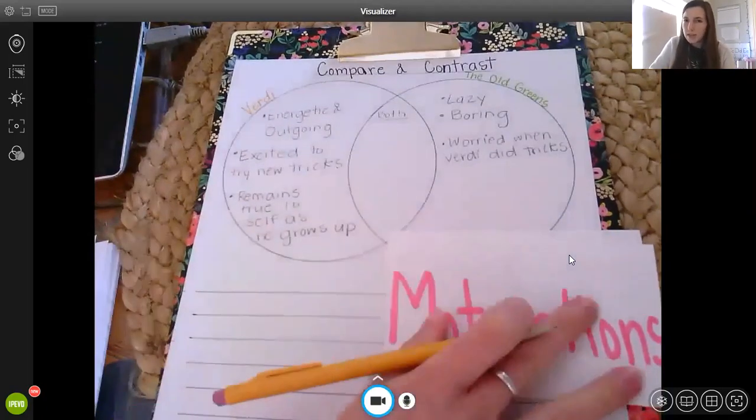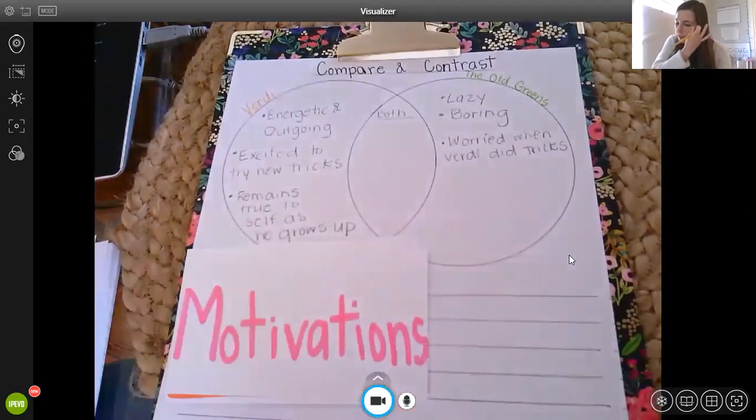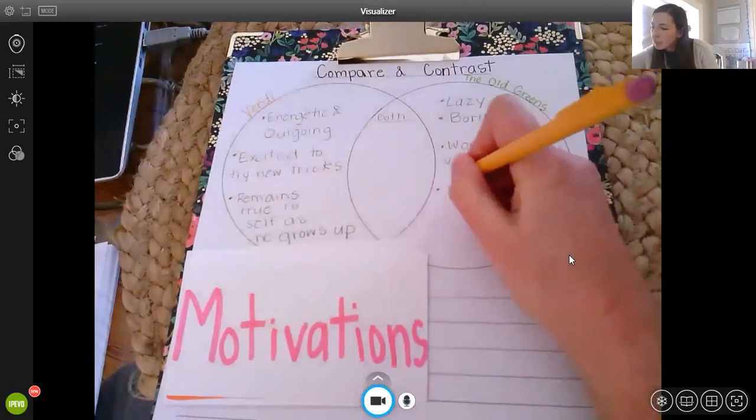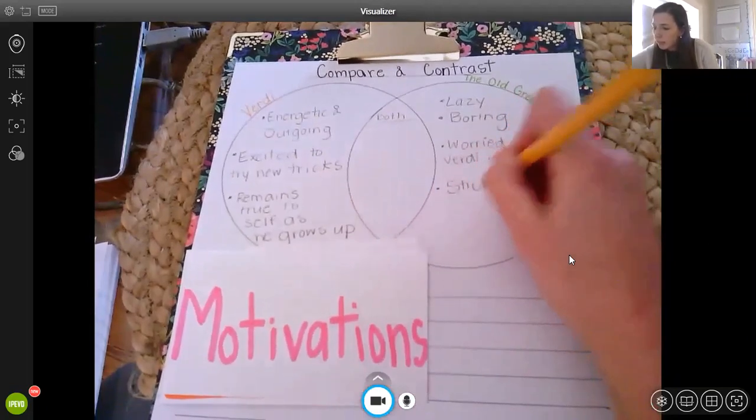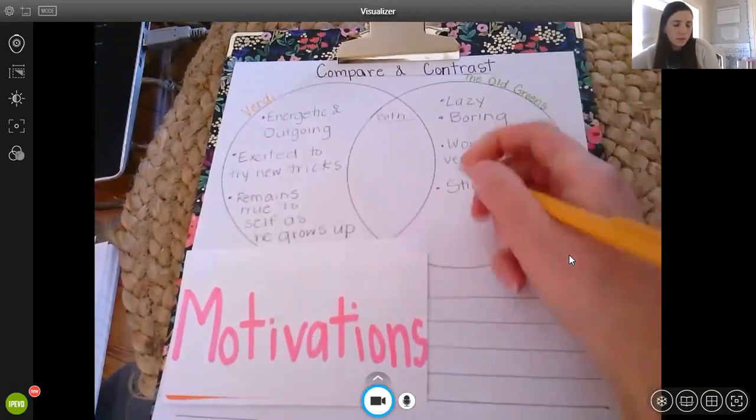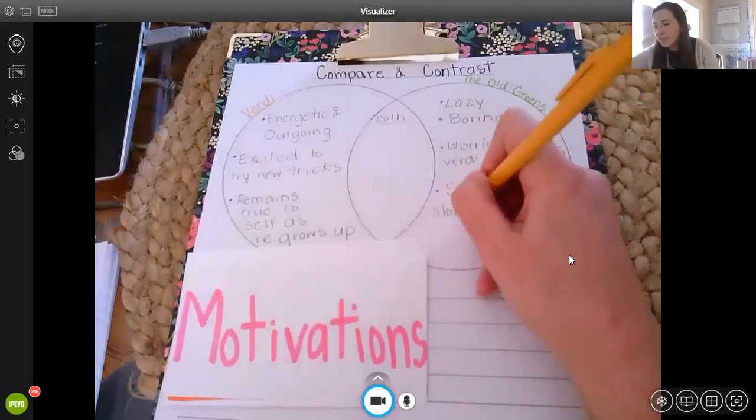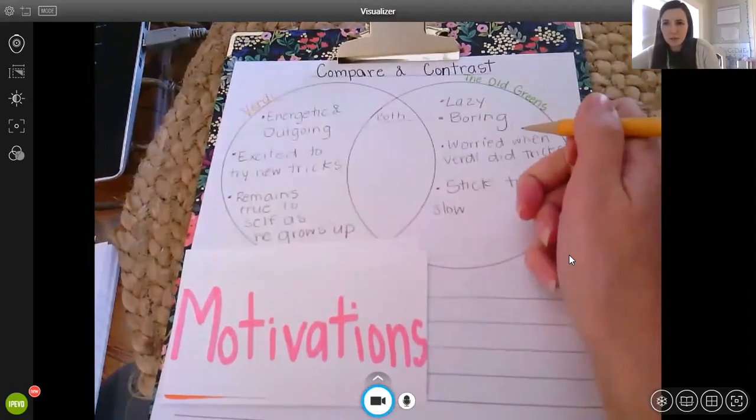All right, then for the old greens' motivation, we'd mentioned in our notes that we learned they were motivated to have a quiet life because they'd already had their fun. Okay, so their motivation is to stick to a slow and safe lifestyle. You don't see them doing any figure eights through the story.